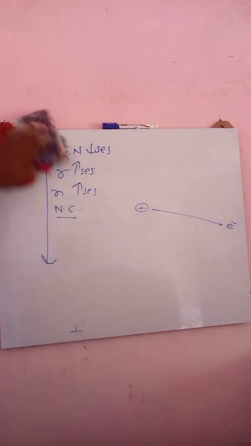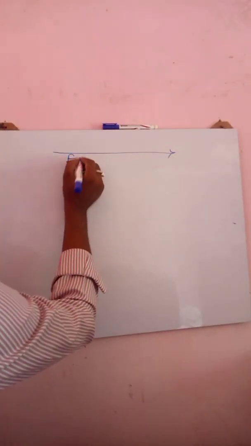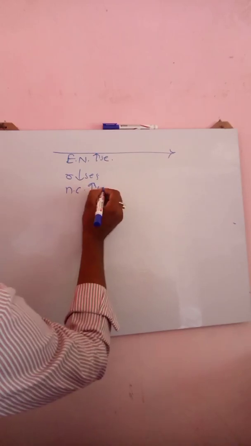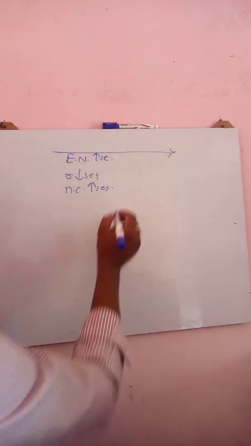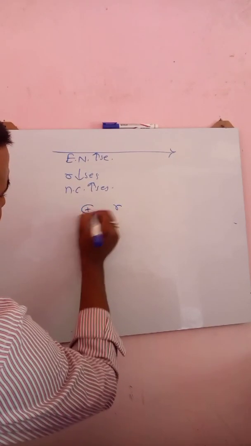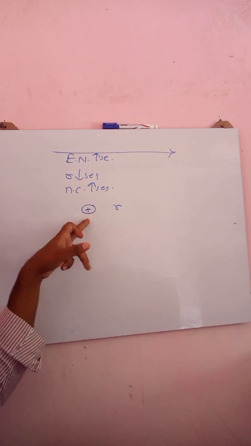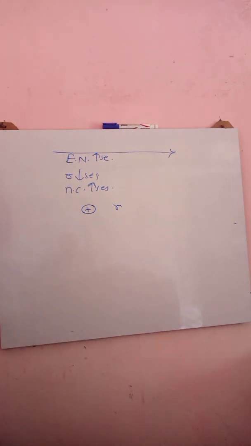Right? Similarly, when we move from left to right in a period, electronegativity increases. Why does it increase? Because R decreases and nuclear charge increases. When R decreases, it means the distance between the nucleus and electron will decrease. It means the force of attraction caused by the nucleus will be strong.